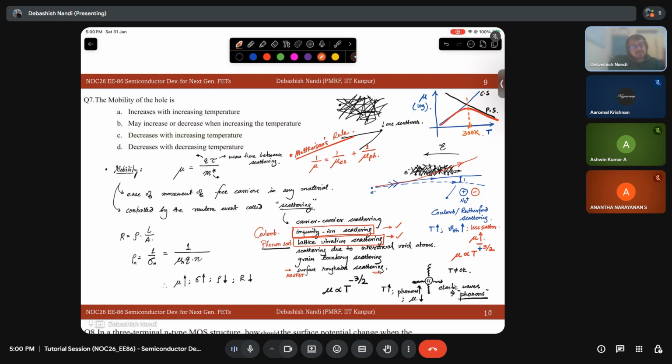This is one of the important phenomena why our semiconductor industry was successful, because we wanted to change the resistivity of the semiconductor by doping and not some random fluctuation in the temperature. Fine. Otherwise, what would happen? Suppose your smartphone is working in summer, it will not work in winter.